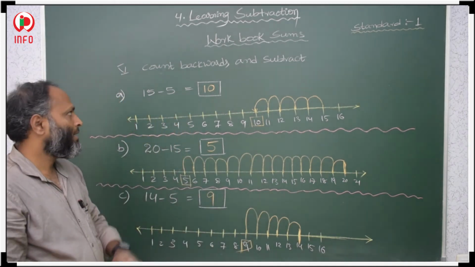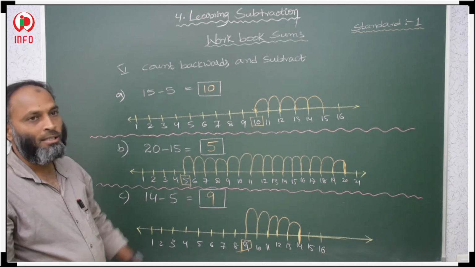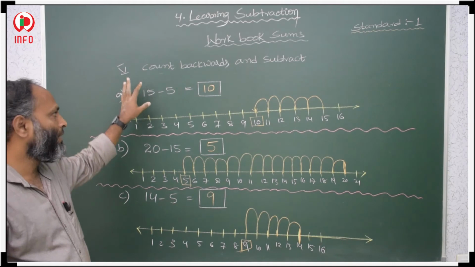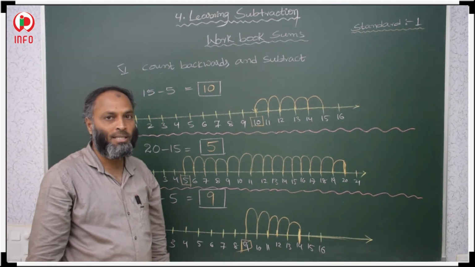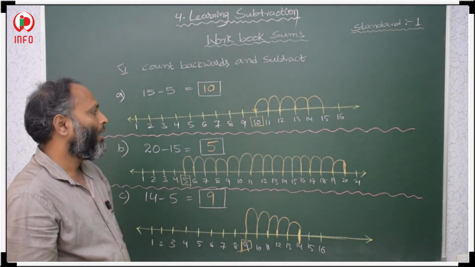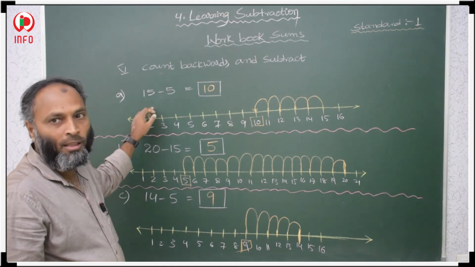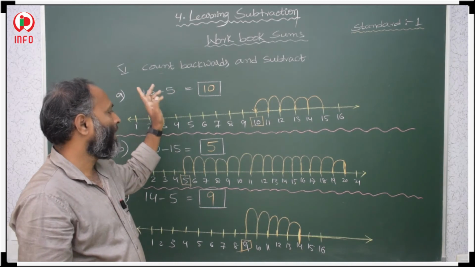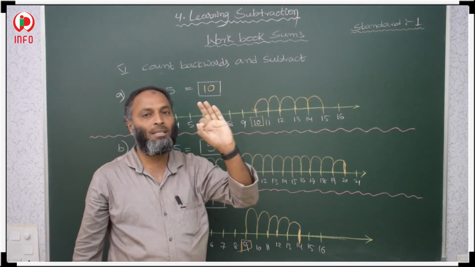This is our answer. This is count backward and subtract. So whatever number is given, first we have to check what is the beginning, what is the starting, what is the first number. So the first number is 15. In the number line, we have to take at least 15 numbers.